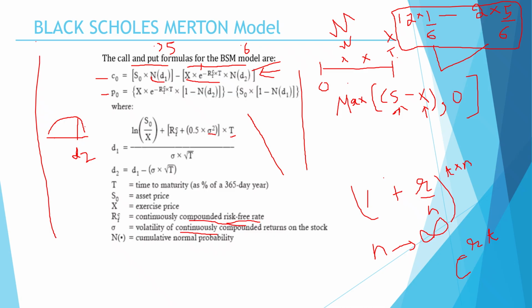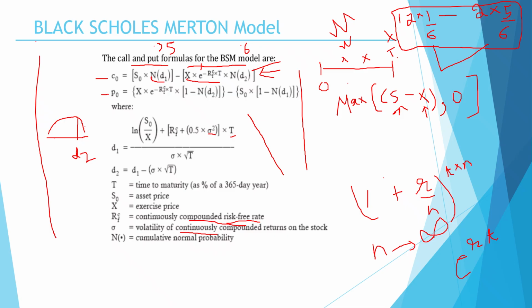Here you will see that D1 is a factor based on which we will calculate the value of the probability using the cumulative normal distribution, and D1 is equal to this formula.